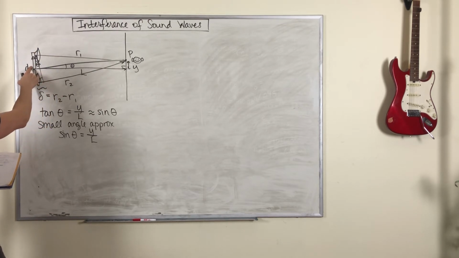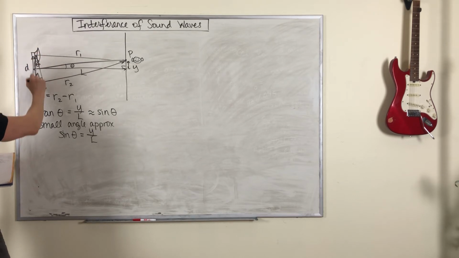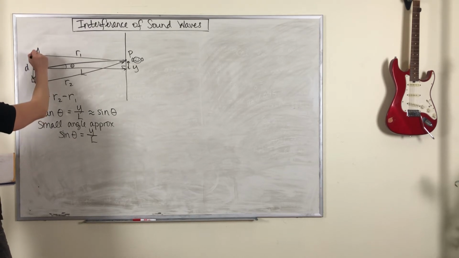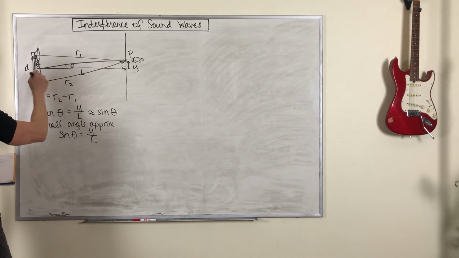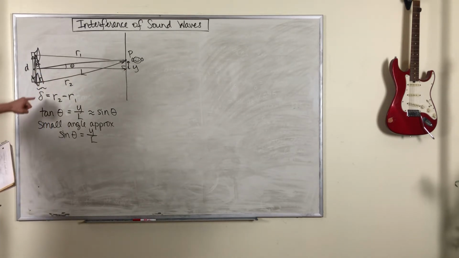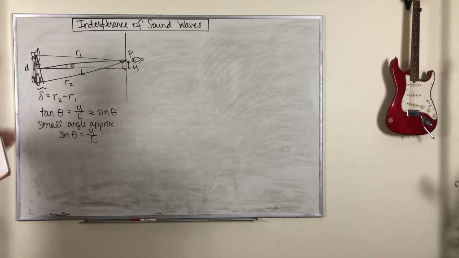D is the hypotenuse, delta is the opposite, and there's our theta.